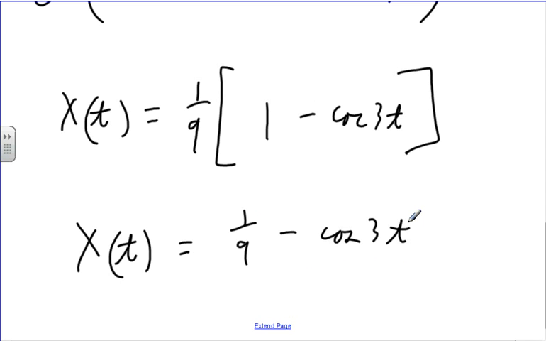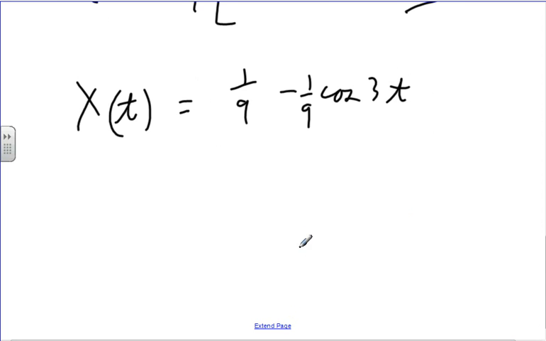Now x at 0 is supposed to be 0, right? It wasn't before, but it is now. So x at 0 is 0, and y at 0, and x prime at 0 is 0. Yeah, that's going to be true too. So the initial conditions work. So we'll see whether or not the problem is solved.